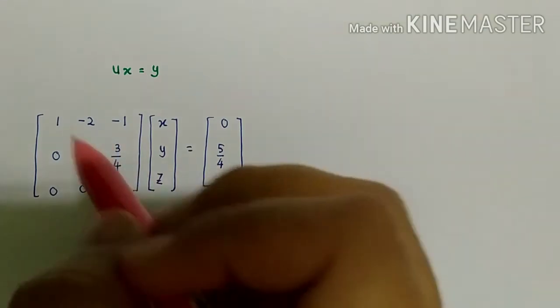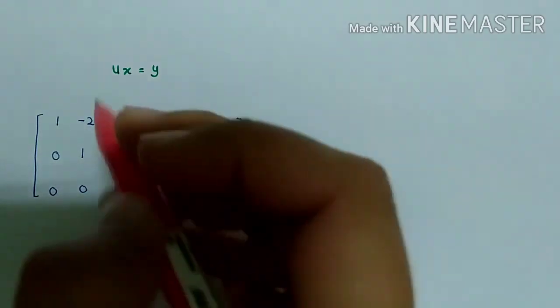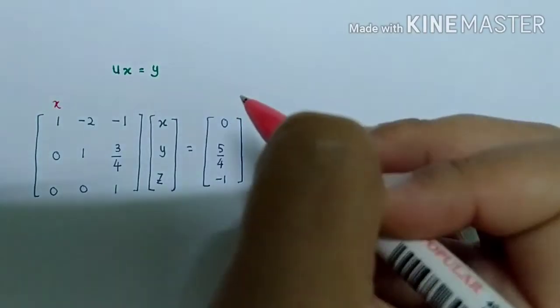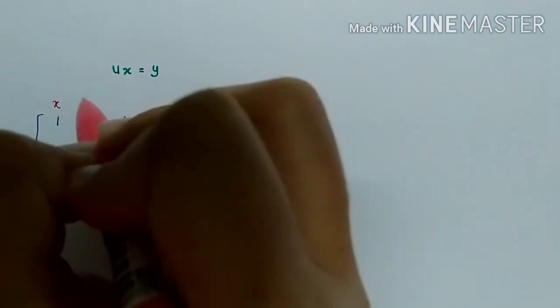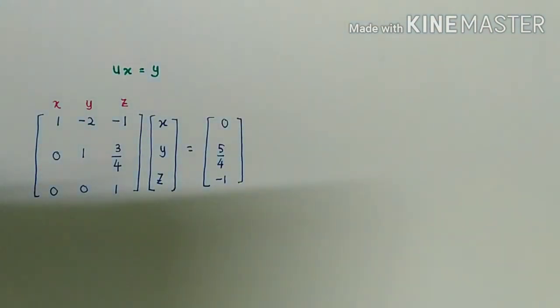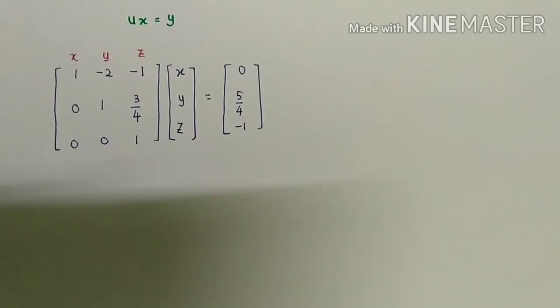Okay, again we multiply the left side. This is the shortcut. The first column is for x, the second column for y, and the last column for z. So we can get the equations from this matrix form.